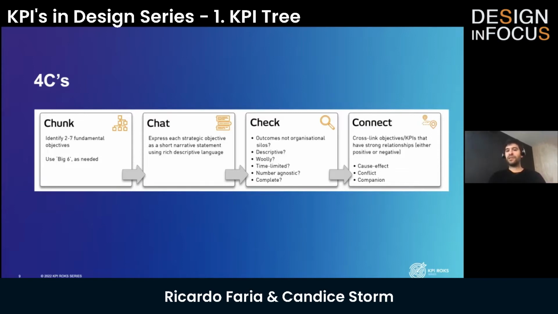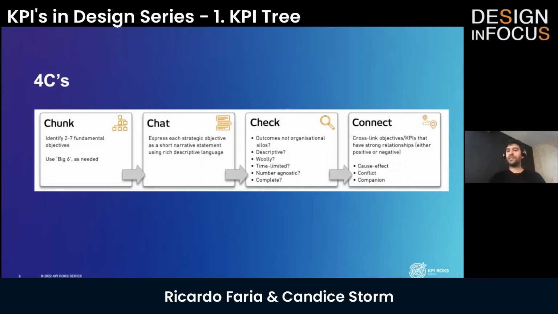Numbers: agnostic or complete. Don't give tasks and don't put numbers there either. Keep it simple. Remember, you are just breaking down from a big objective to a KPI, and then you connect them in the end. So then you already have the connection from your top objective to these 2 levels below.